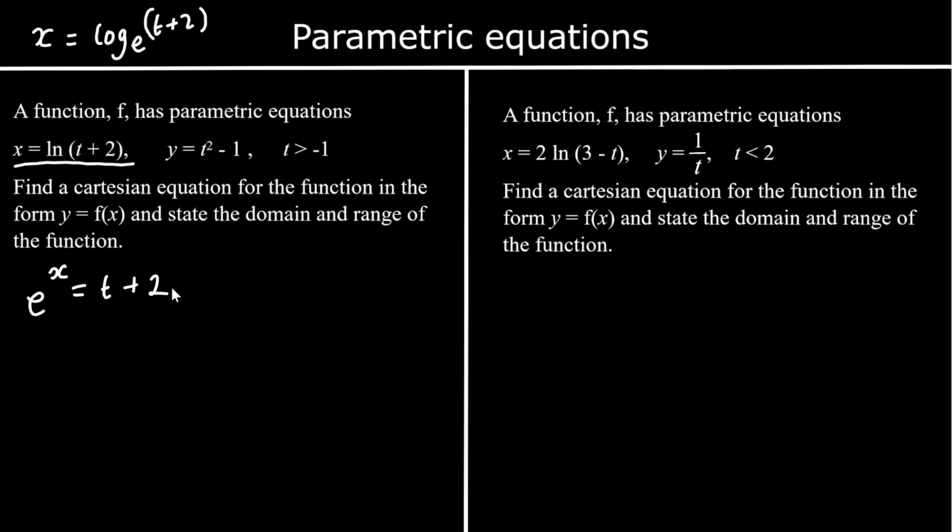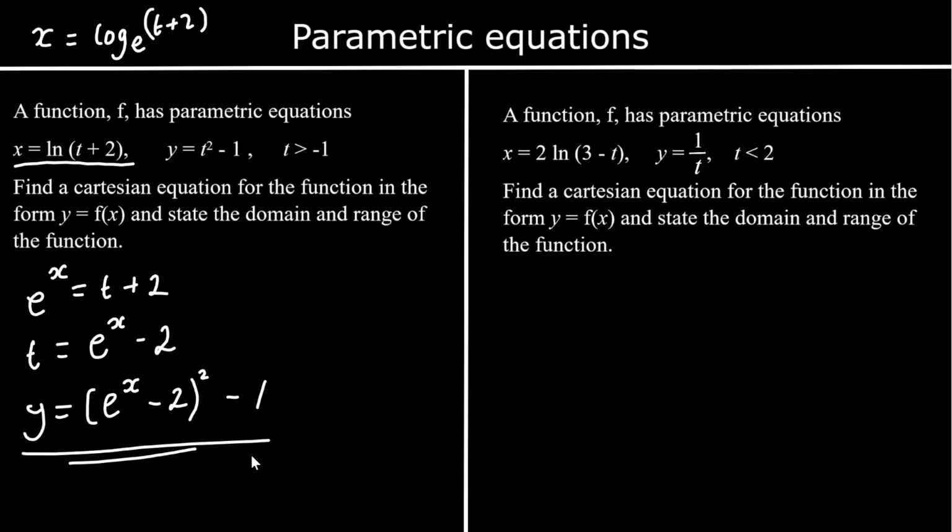Then take away 2 from both sides. t is e to the power of x, take away 2. Substitute that into the y equation, substitute in for t. So y equals (e to the power of x, take away 2) squared minus 1. We could expand and simplify the brackets, but I'm going to leave it as it is.